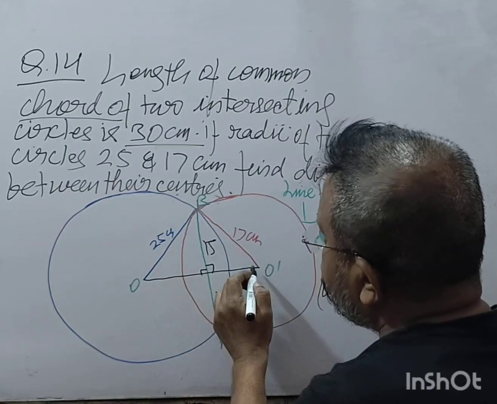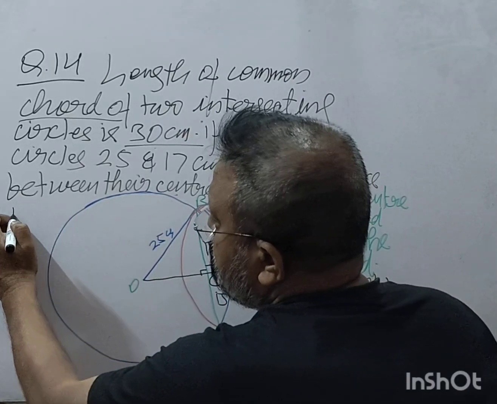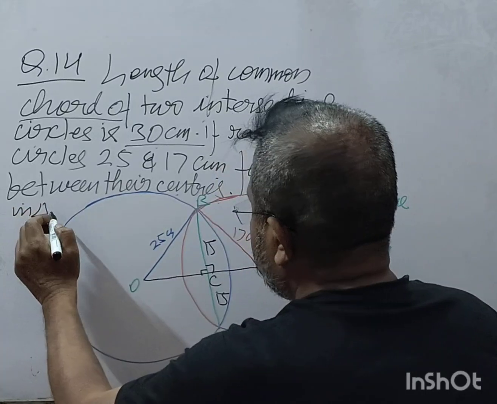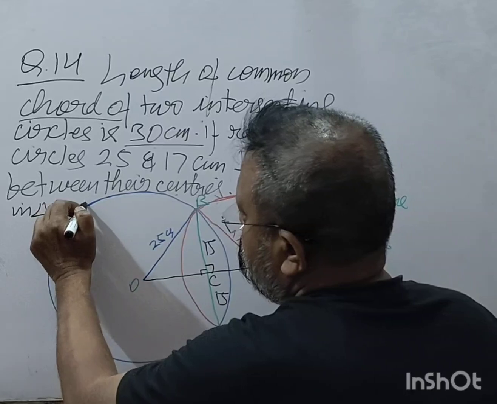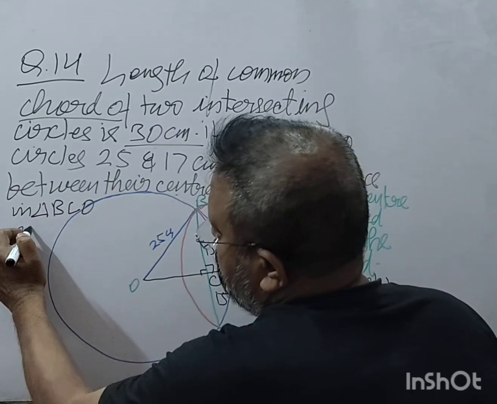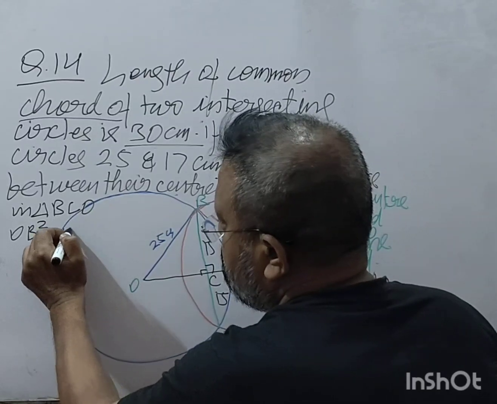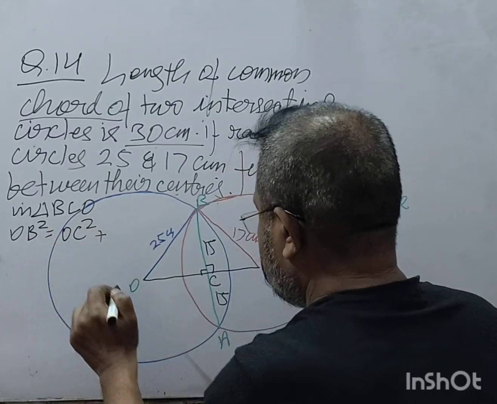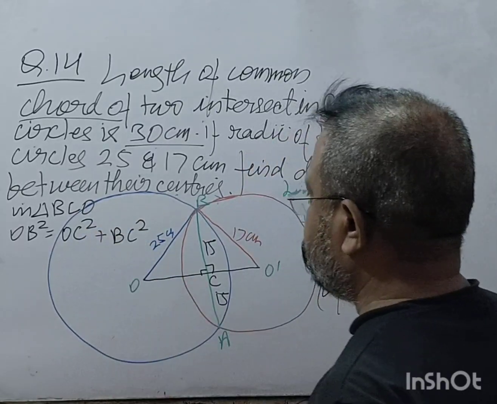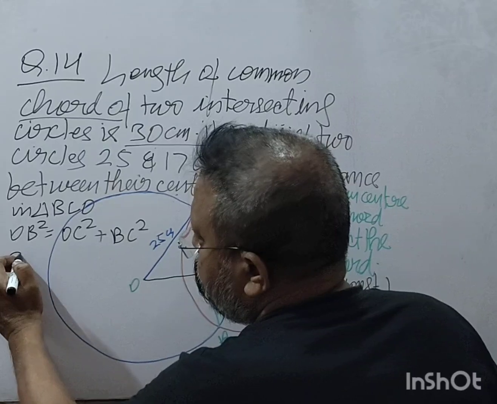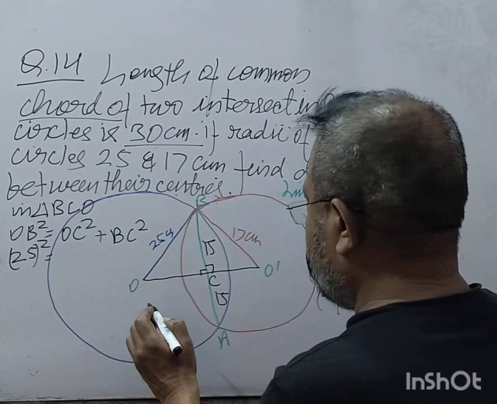If we take the point C, then in triangle BCO, OB square is equal to OC square plus BC square. Now this is 25 whole square is equal to OC square plus BC square.